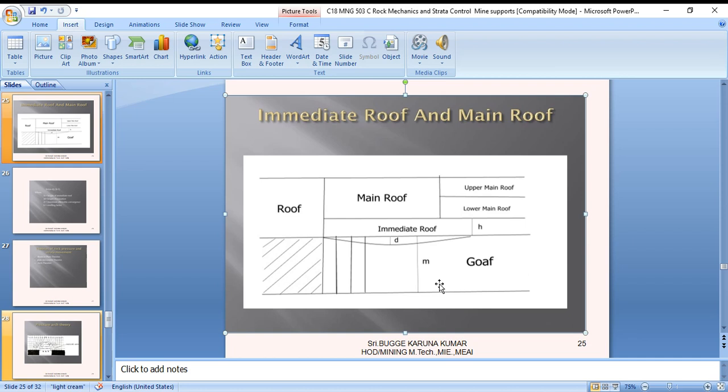Taking the bulking factor useful in India, the thickness of overlying roof that should be involved in the caving has to be 5 times the height of extraction for completely filling the goaf area. Some mechanics of roof caving is also still under test, and there are different theories there.